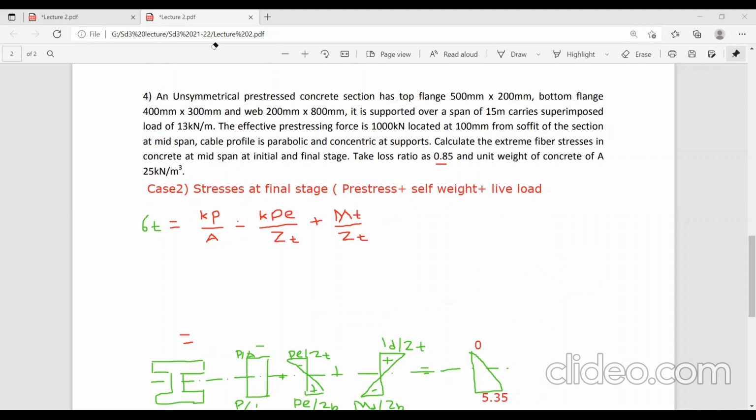So k, the loss ratio, we know, it is 0.85.